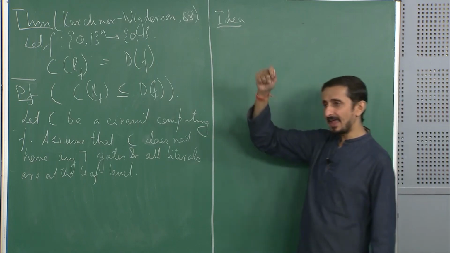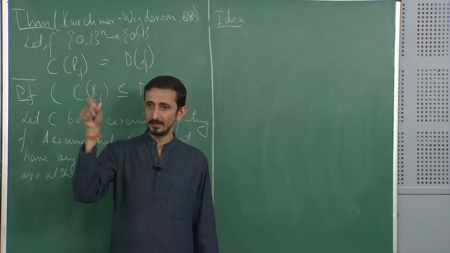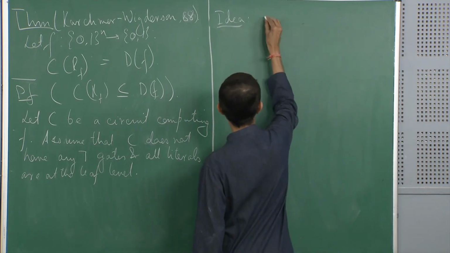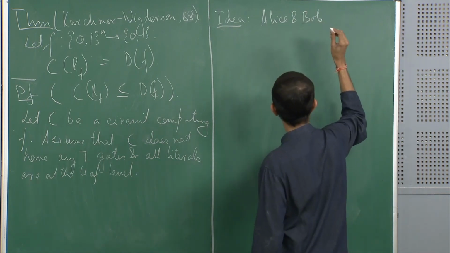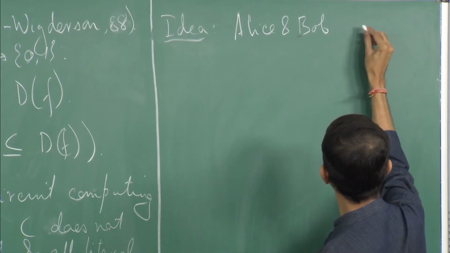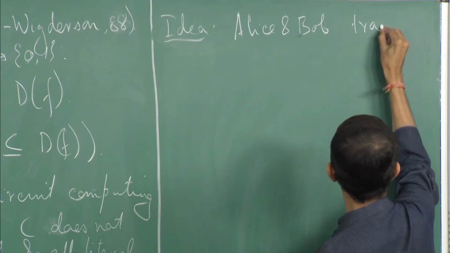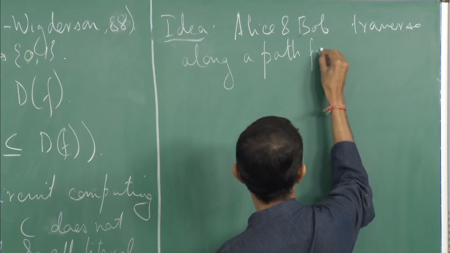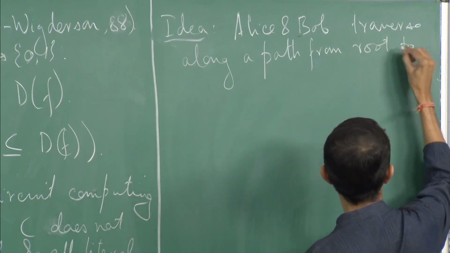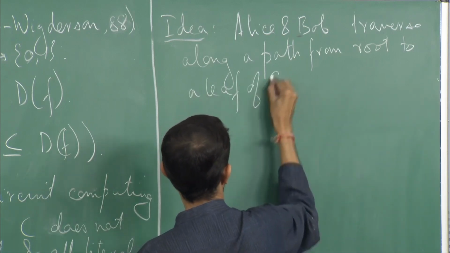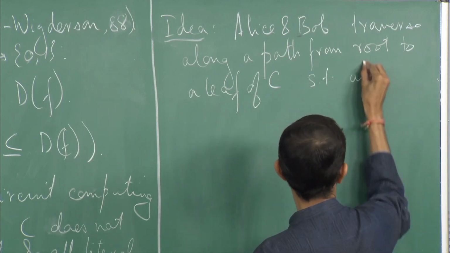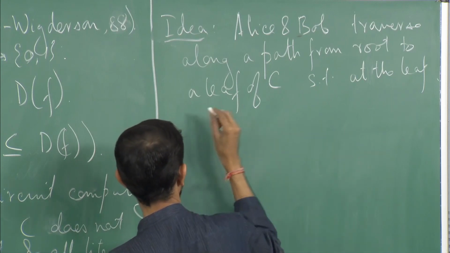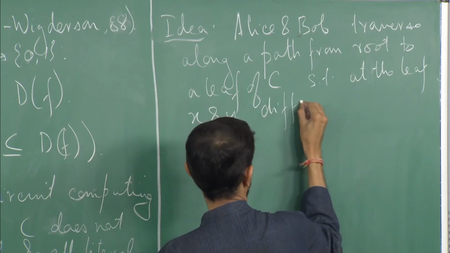Alice and Bob would in some sense agree on a path from the root all the way to a literal, such that on that particular literal x and y differ. Okay. So Alice and Bob traverse along a path from the root to a leaf of C such that at the leaf x and y differ.